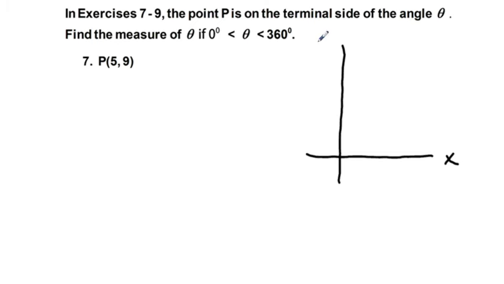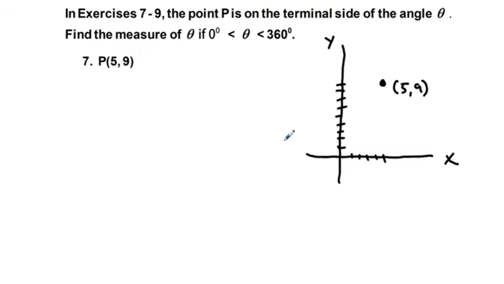We go to the right 5 units, 3, 4, 5, and up 9 units, 1, 2, 3, 4, 5, 6, 7, 8, 9. And so right here is where our point is at 5, 9. So I'll put in 5, 9.